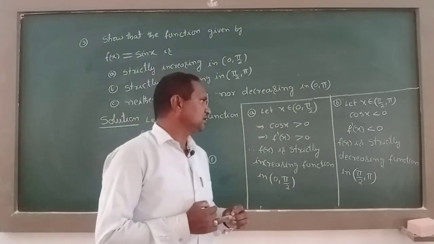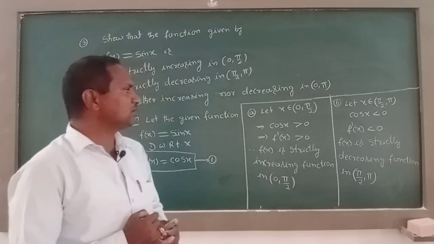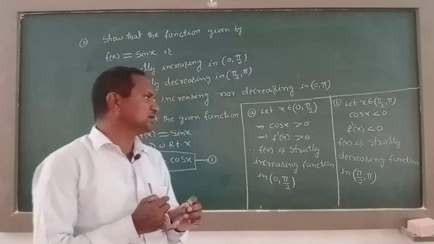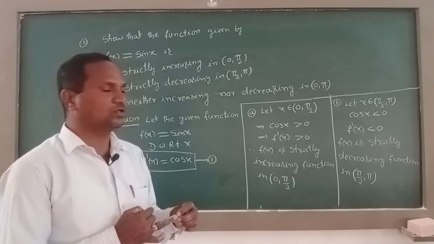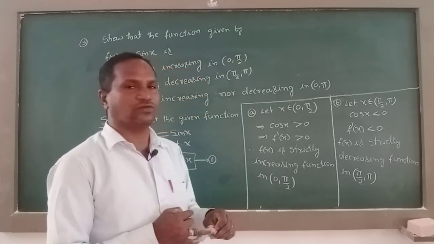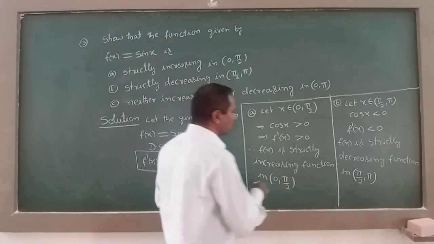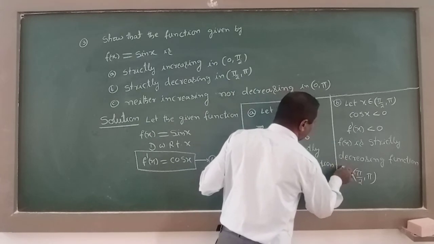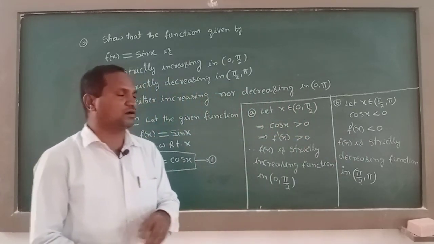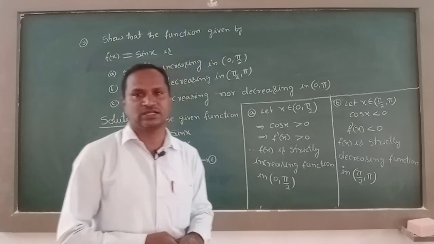Next, let x belong to pi by 2 comma pi. Cos x is less than 0, which means f dash of x is less than 0. Then f of x is a strictly decreasing function in the interval pi by 2 comma pi. Like that we have given answers for the first and second questions.